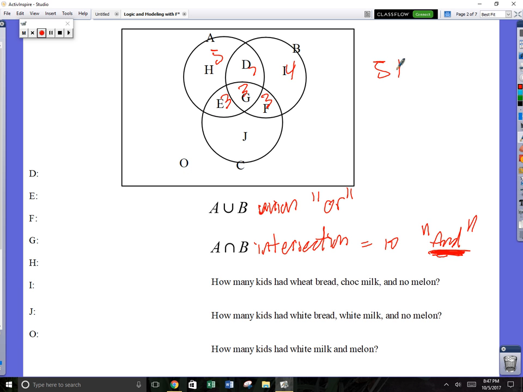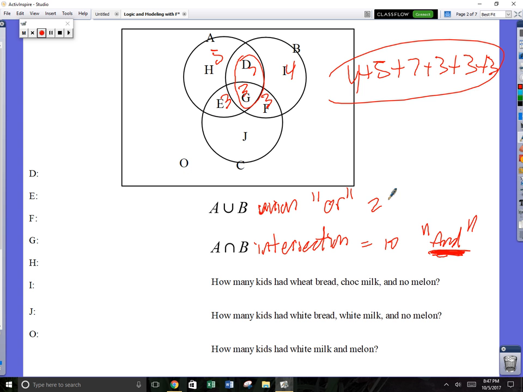It's 5 plus 7 plus 3 plus 3 plus 3 plus 4. And you cannot add the intersection twice, you only add them once. So add all those up, and there are 25 kids that live in A or B.